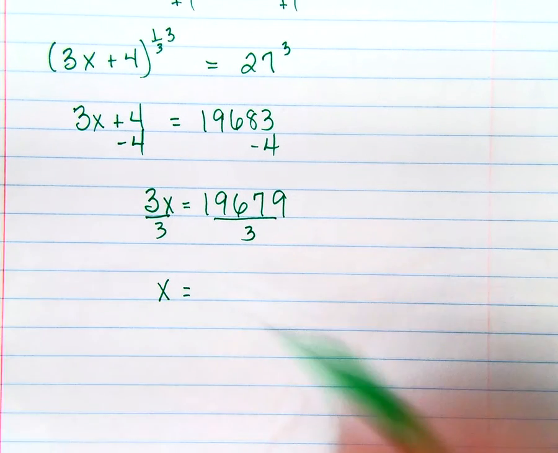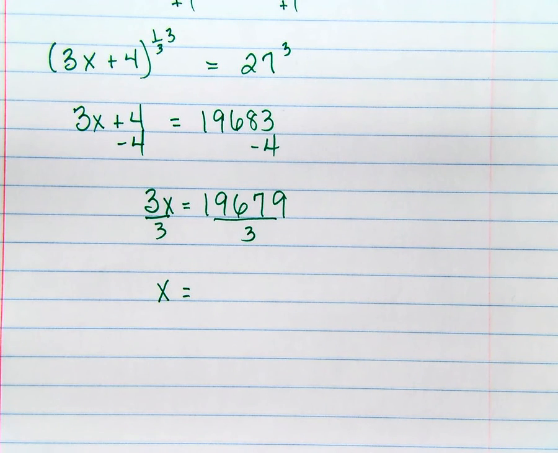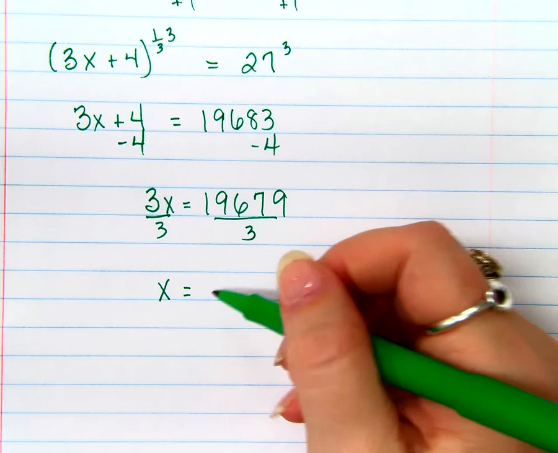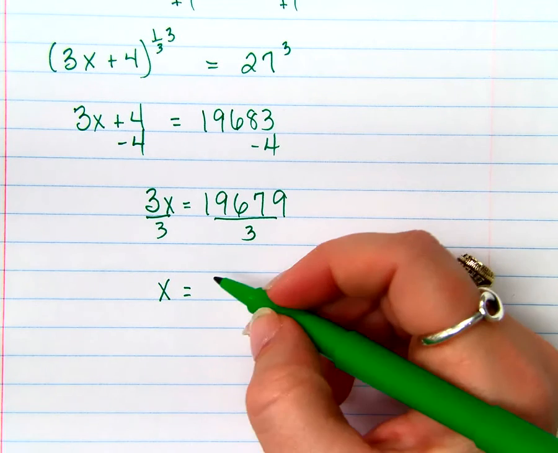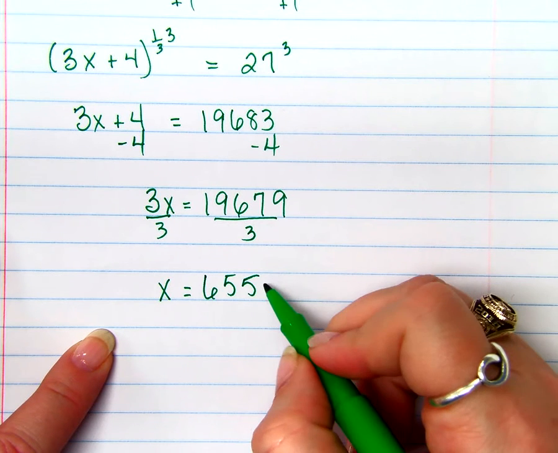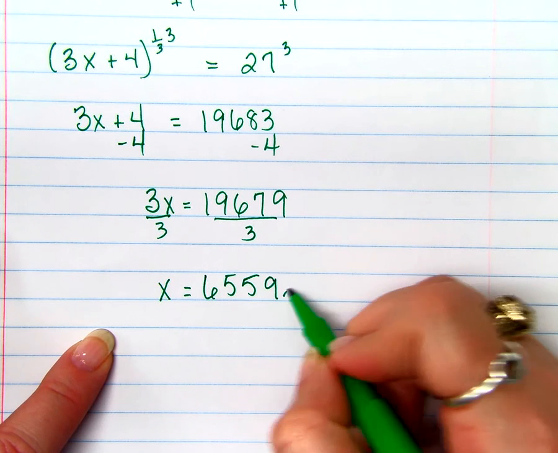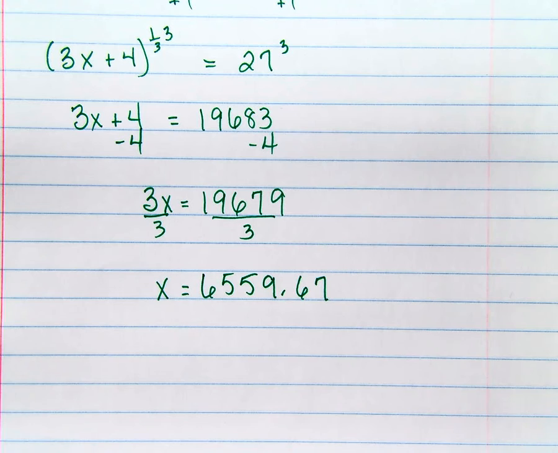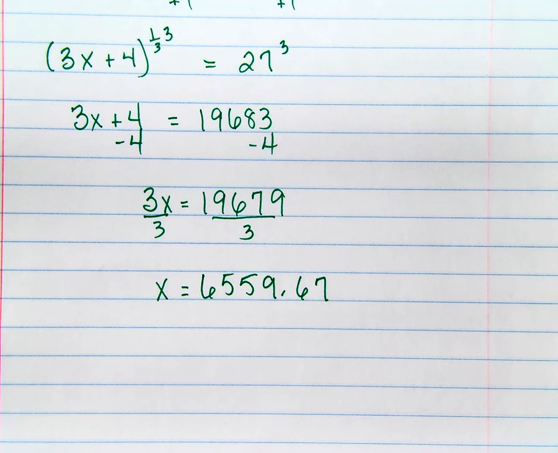x equals. Can somebody tell me why I did this particular example for you? What's your answer? Tell me what the answer is. Why did I do this example for you?